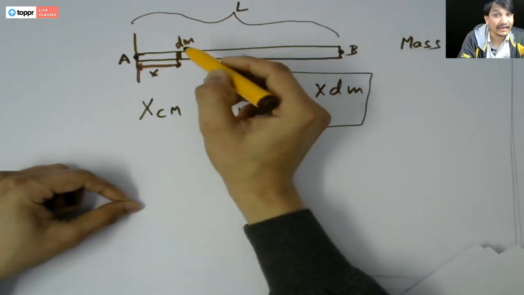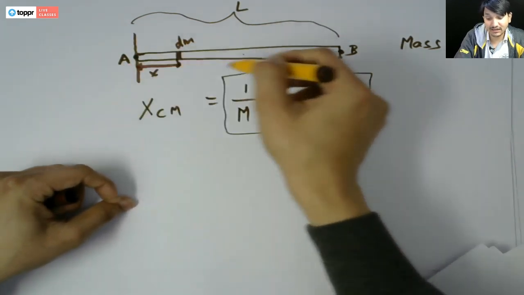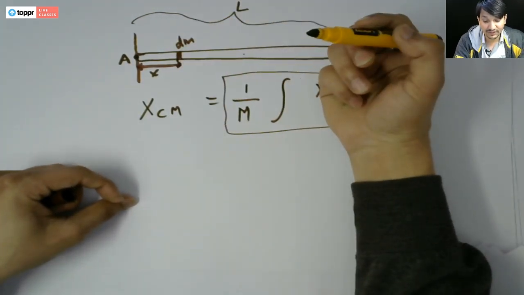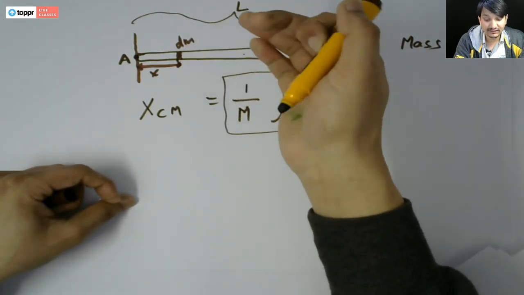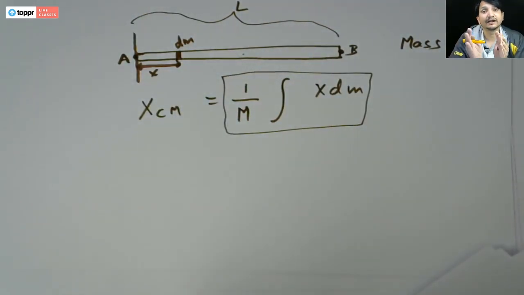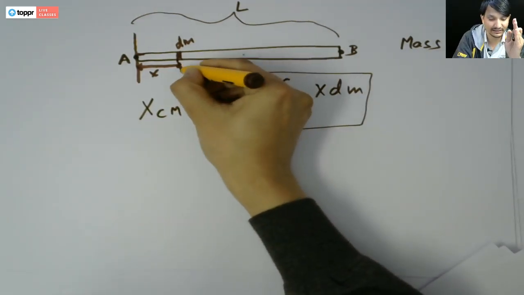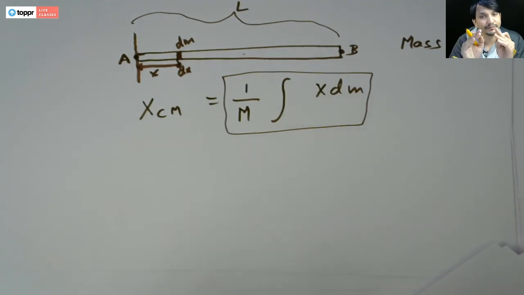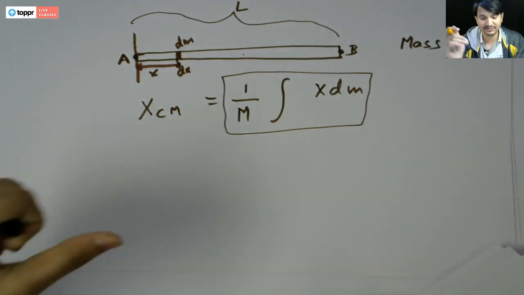x dm, dm is, this is a continuous rod, so what do we call it? Whenever we are considering a thickness or a length dx, the mass content would be proportional to the whole mass.